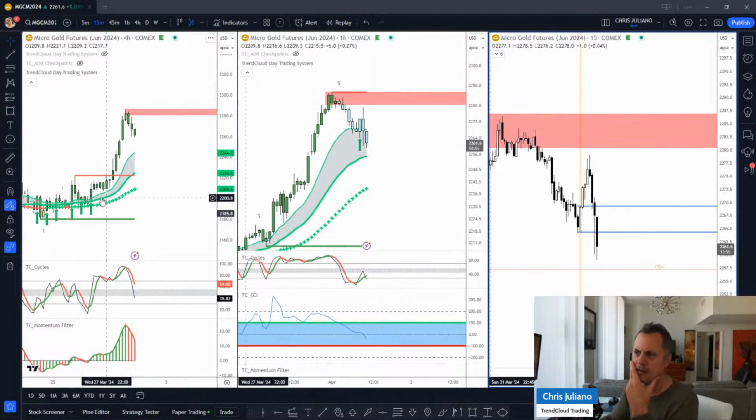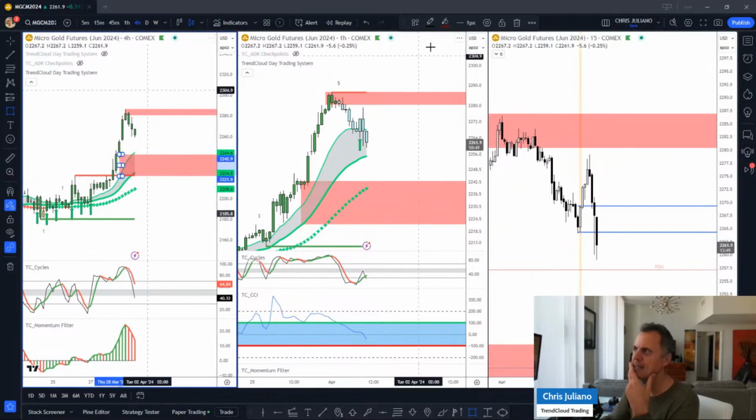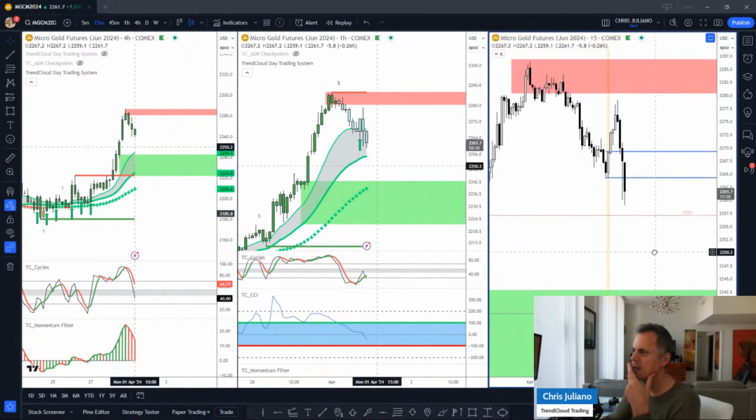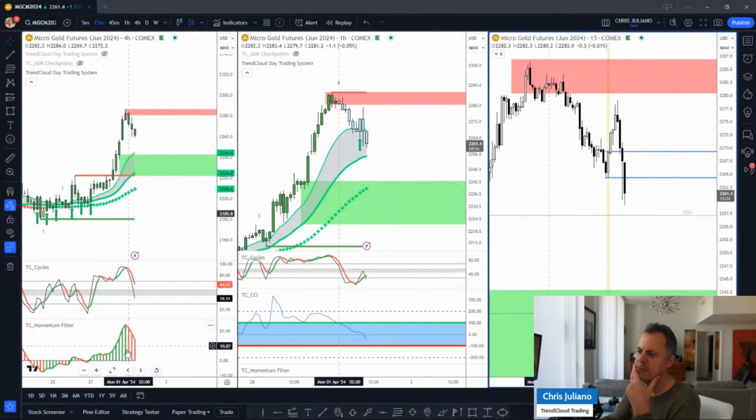Where do those longs usually take place? Well, it usually takes place somewhere inside here of the trend cloud. Okay. How close are we to that? Oh, we're still pretty far. That's all the way down here. Momentum is still down, so we might make it to here.